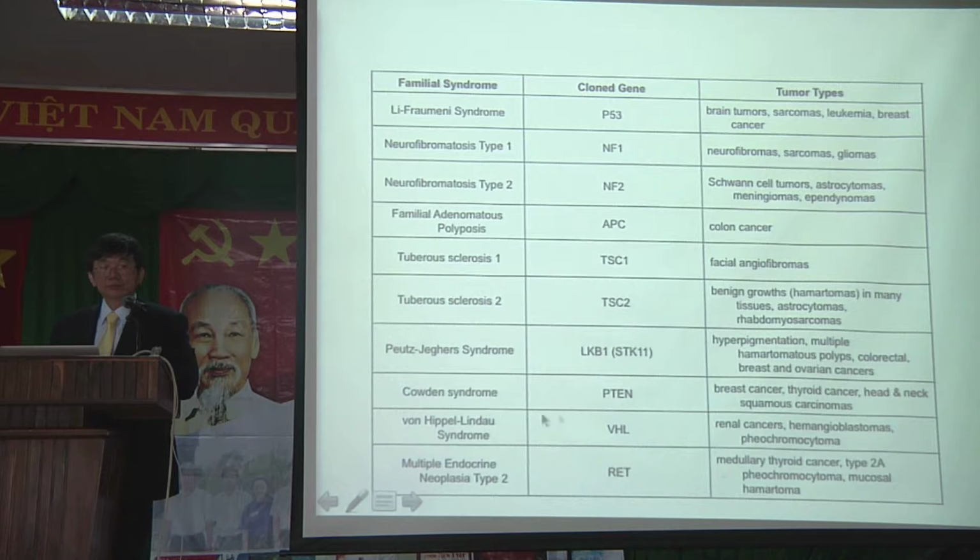Cowden syndrome, mutation of PTEN. Von Hippel-Lindau syndrome is the mutation of VHL. And multiple endocrine neoplasia type 2, mutation of the RET oncogene.